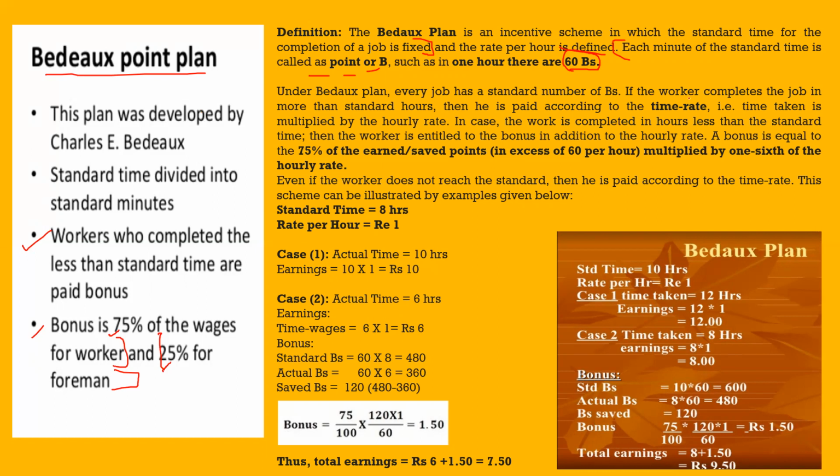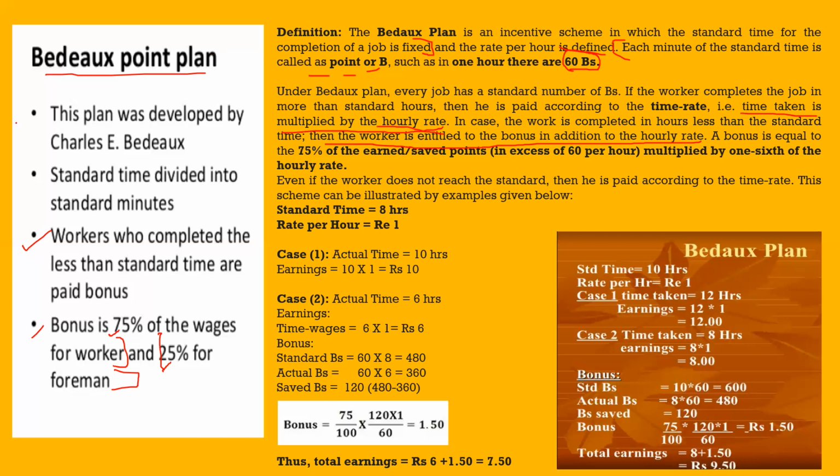If the worker completes the job in more than standard hours, then he is paid according to the time rate. Example, time taken is multiplied by the hourly rate. In case the work is completed in less than the standard time, the worker is entitled to the bonus in addition to the hourly rate.